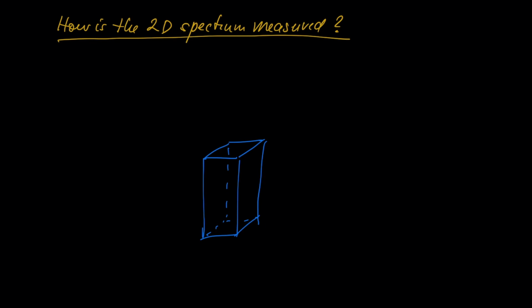So one way to arrange this is, for instance, the following. We set a square here, and we send the pulses to, let's say, the center of our sample through the edges of this square. So we will have, for instance, a pulse coming like this.